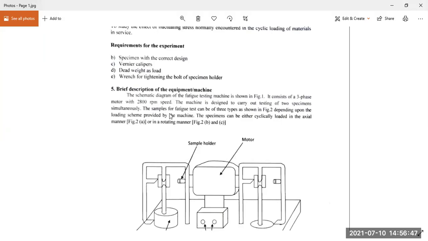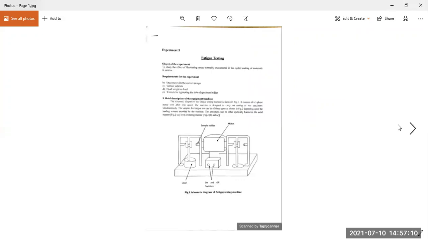The specimens for fatigue tests can be of three types, and we will show that in the next figure, depending upon the loading scheme provided by the machine. The specimen can be loaded either in an axial manner or in a rotating manner.